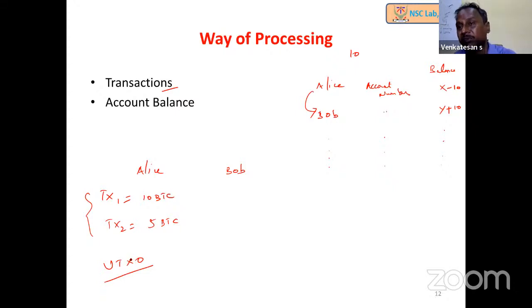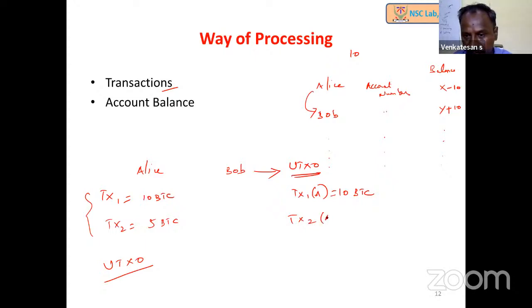Similarly, the same is available with all the participating nodes. Every active participating node, which will be contributing to the growth or the liveness of that particular application, will be having this UTXO. Now, consider that there is a UTXO which is maintained by Bob in his own storage. That is also having transaction 1 of Alice, which is 10 BTC, and transaction 2, 5 BTC.